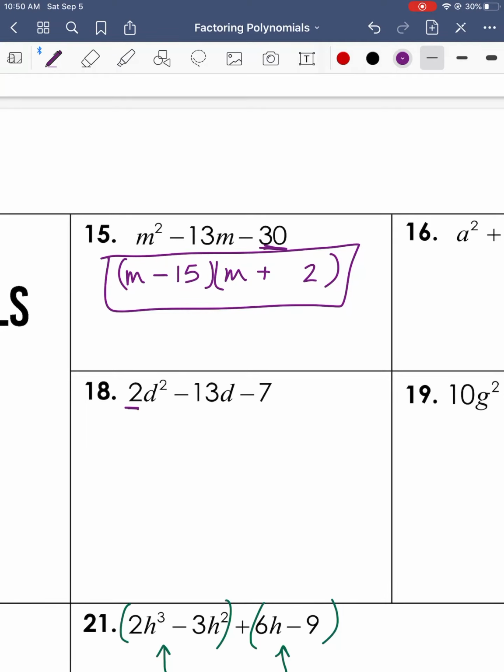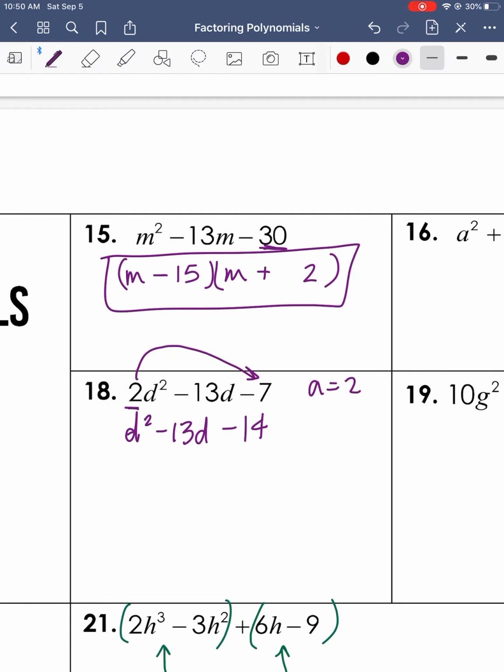So what we're going to do first is take this 2 out. Let's make a note here that our a is equal to 2. Then we're going to take this out of the first term and multiply it by the c term, the third term here. So we'll rewrite this as d squared minus 13d minus 14.